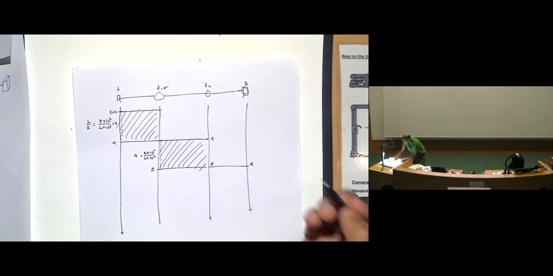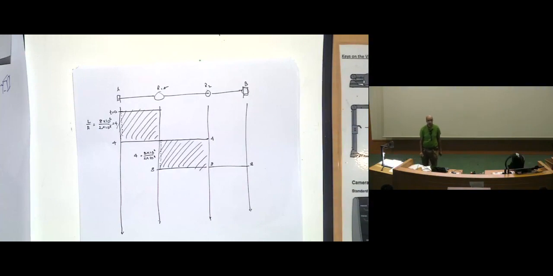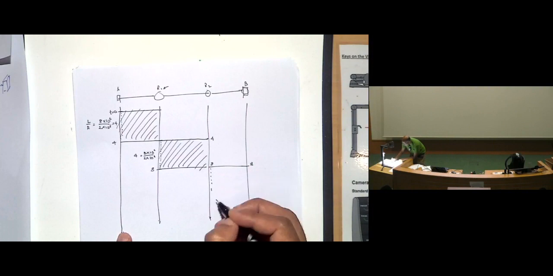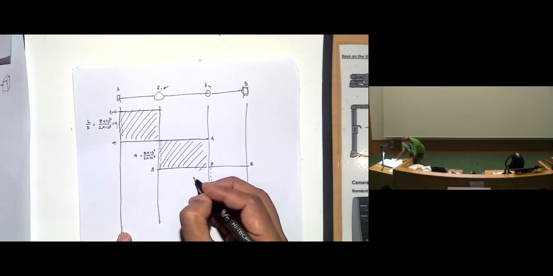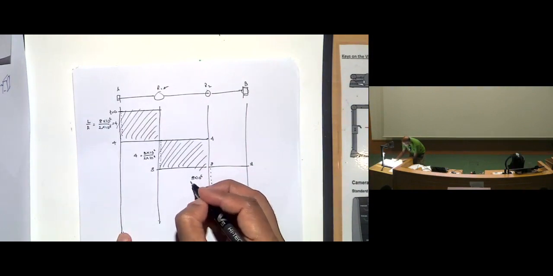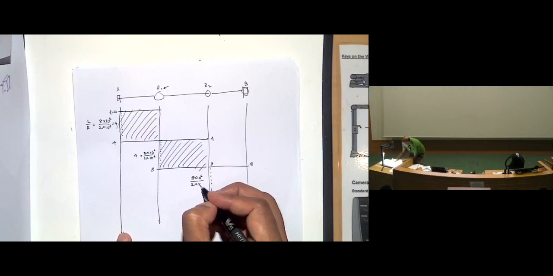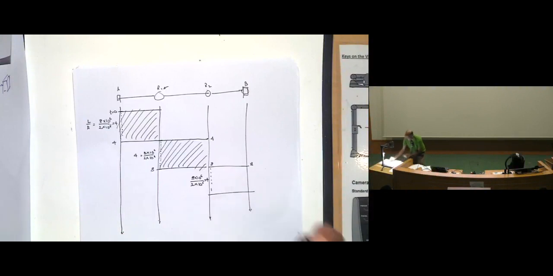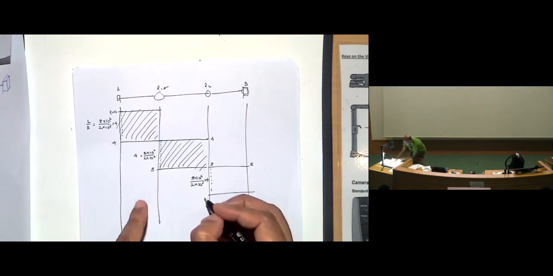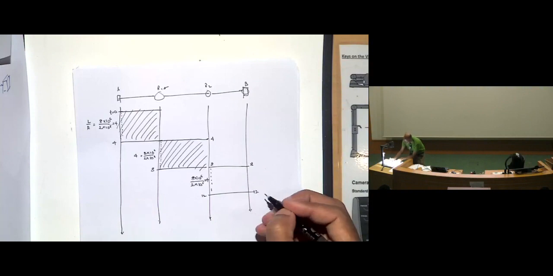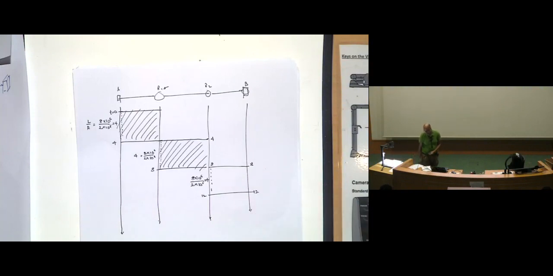And at t equals 8, the first bit will reach B. But R2 has to keep transmitting the whole packet, 8 into 10 to the 6, divided by 2 into 10 to the 6. Again, this is going to need another 4 seconds. So at t equals 12, I'll be done.